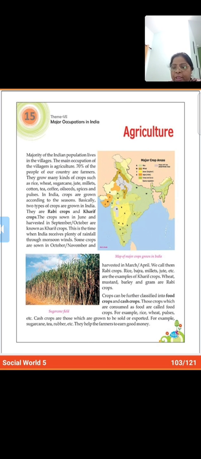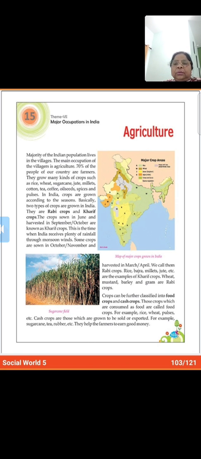So in short, we can say that cash crops are mainly grown for the international market, mostly for direct consumption, but are also grown as raw materials for manufacturing in the industries. They add on to the cash for the country.